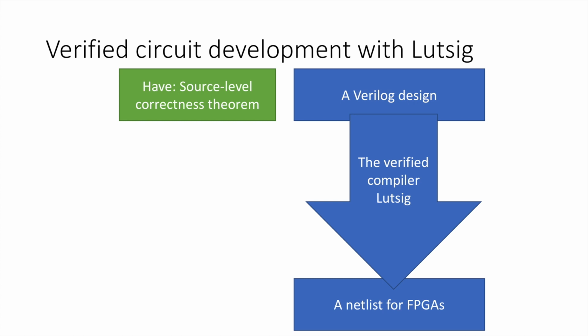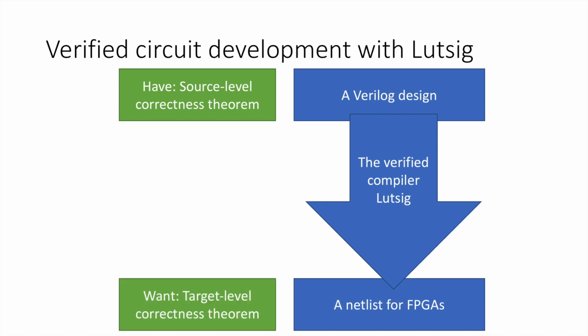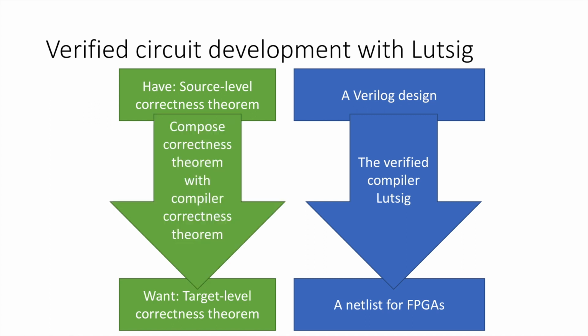You do this on the source level because it's easier to reason on the source level than on the target level. But we are ultimately interested in a target level correctness theorem, and to get this from our source level correctness theorem, we compose it with Lutsig's correctness theorem to get the target level correctness theorem.